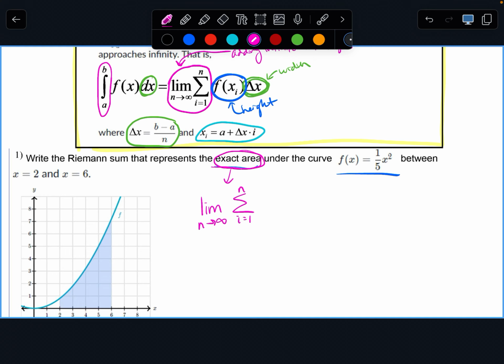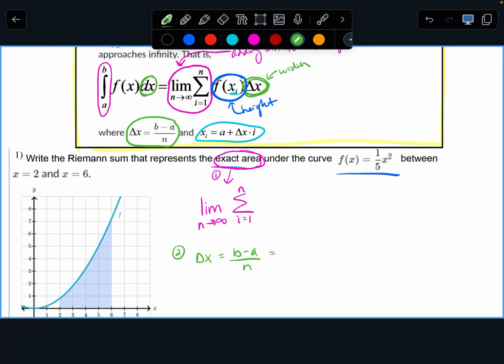The next thing I usually do, so this is like number 1, my second step is I usually figure out my width, because I need my change in x to do the f of x part of it. Here, maybe I'll highlight that part. So I'm going to find change in x, which is b minus a over n.